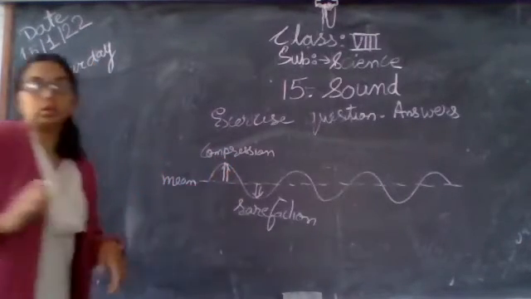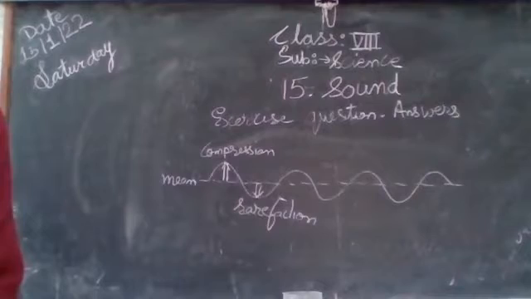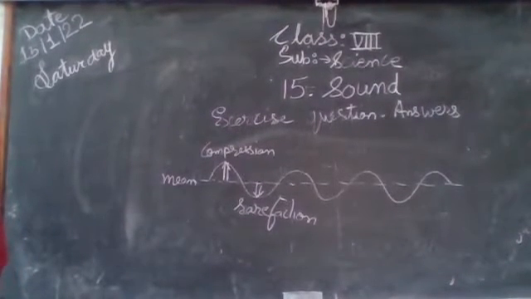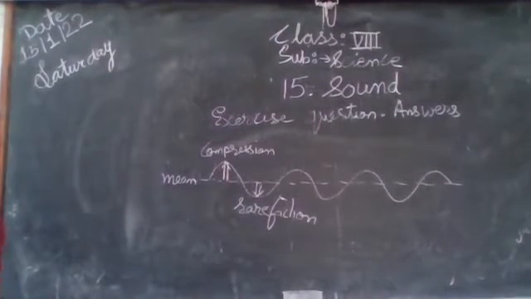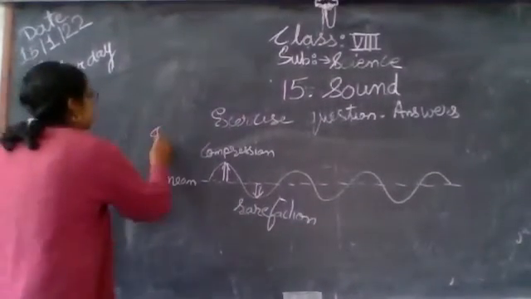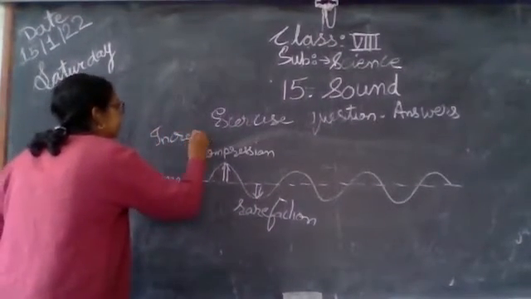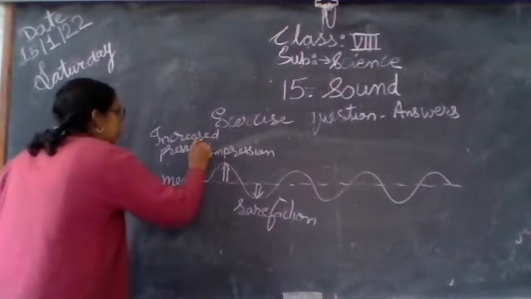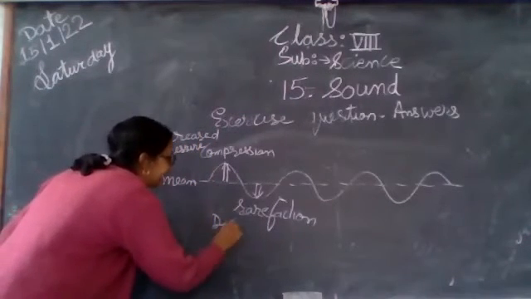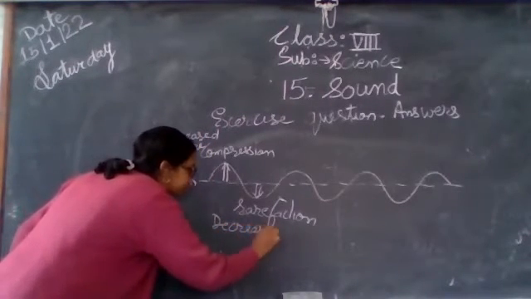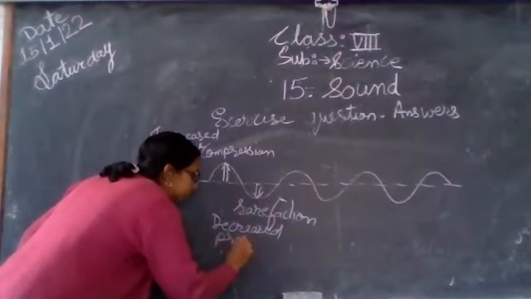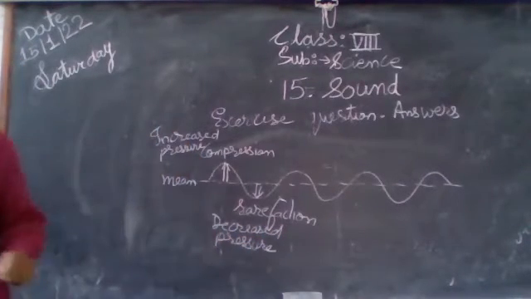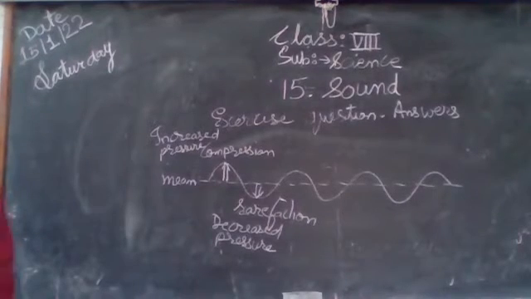According to the question, where there is increased pressure, we find compressions, and where there is decreased pressure, we get rarefaction. So, how are we going to write this?